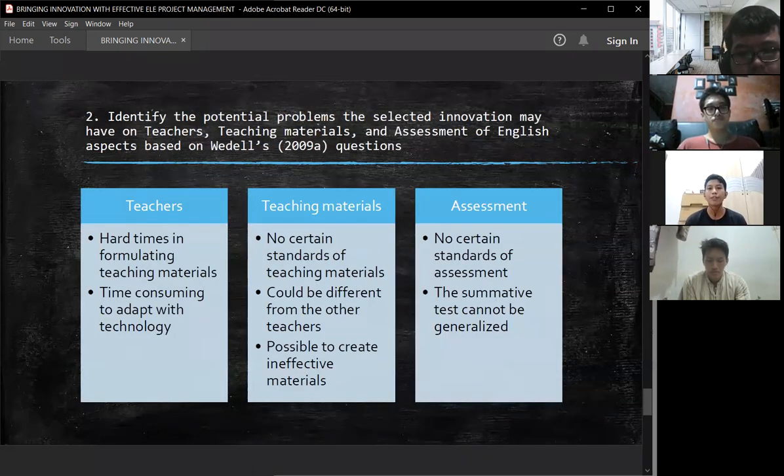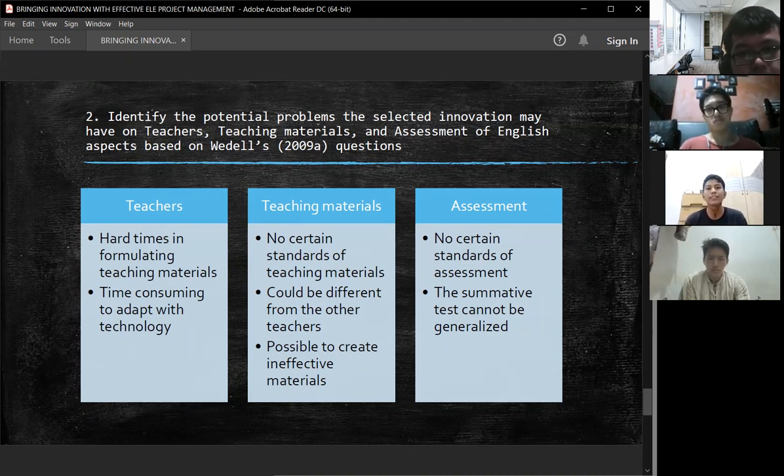The first aspect we would like to highlight is related to the teacher. From the teacher's point of view, teachers could find it hard to formulate teaching materials for students with different levels of language, in this case English proficiency. Then teachers will spend extra time adapting to the latest teaching technology and exploring suitable teaching materials.